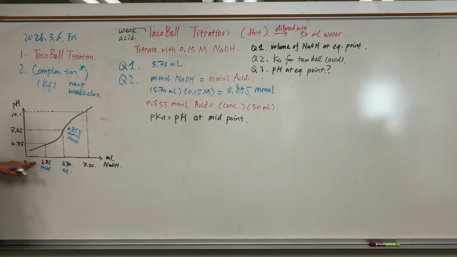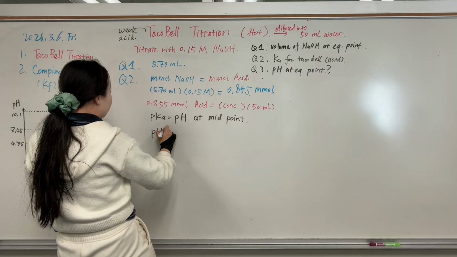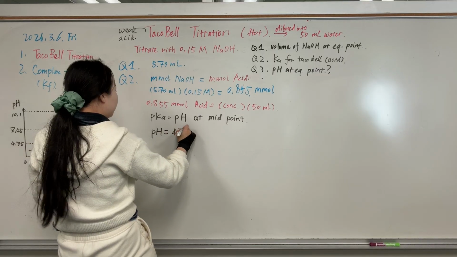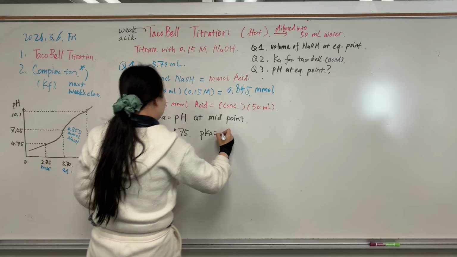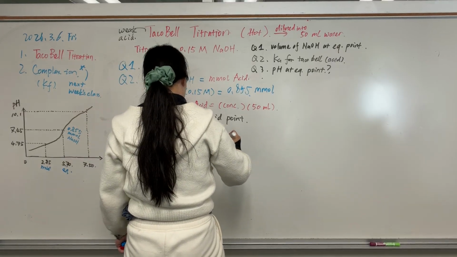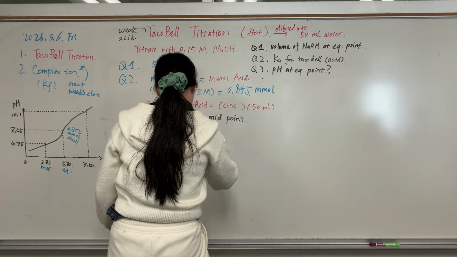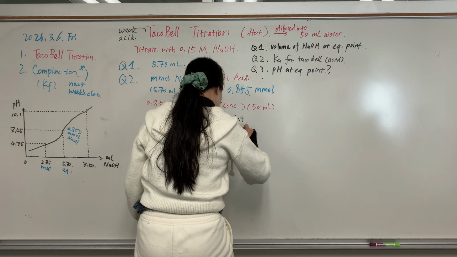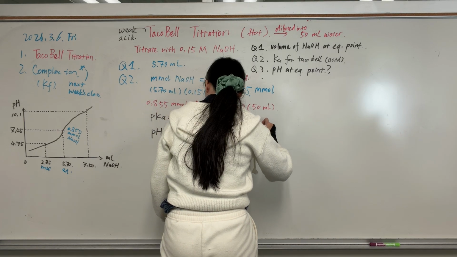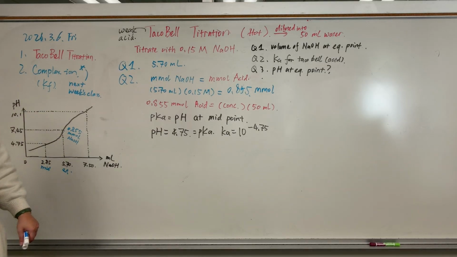Our midpoint is here, right? So solve for Ka of it. pH equals 4.75, so pKa equals 4.75. Ka equals 10 to the negative 4.75. Okay, that's question 2.